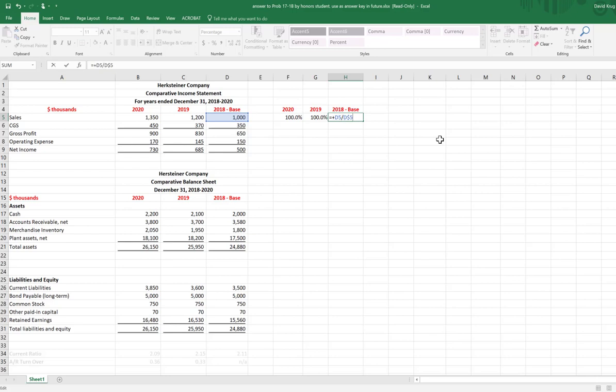If I push it again, it's doing an absolute as far as the row, but not the column. If I push it again, it's doing an absolute as far as the column, but not the row. Does this make sense? But for right now, I'm going to put absolute values in front of the column and the row.